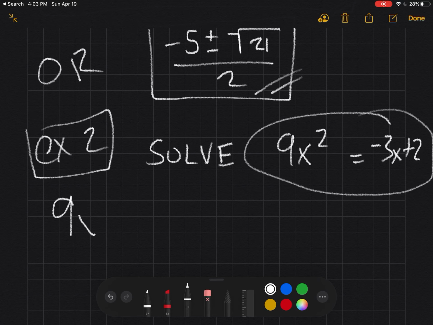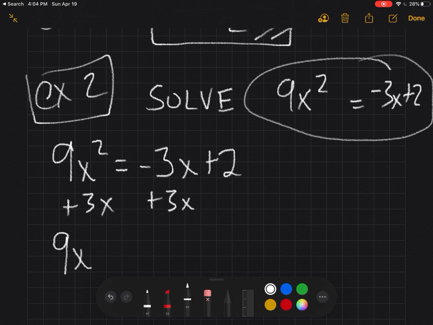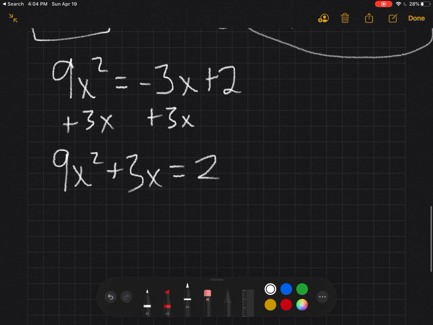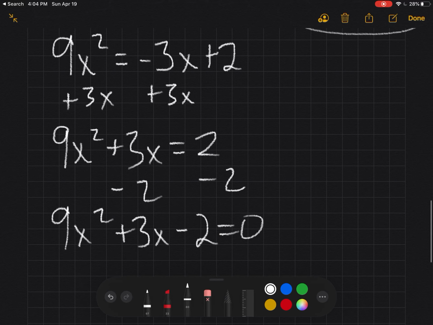We're going to solve 9x squared equals negative 3x plus 2. The first thing we want to do is put this equation into standard form. So we have 9x squared equals negative 3x plus 2, and to be in standard form, we want all of this to be moved.